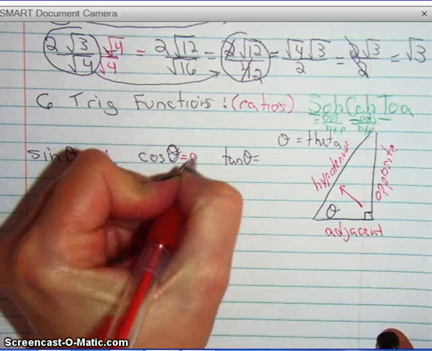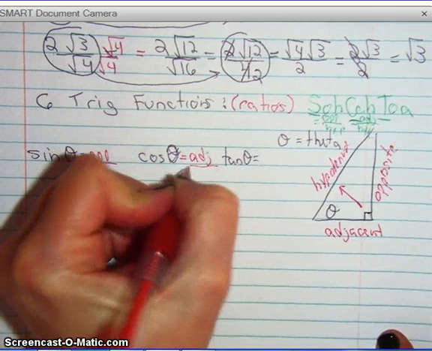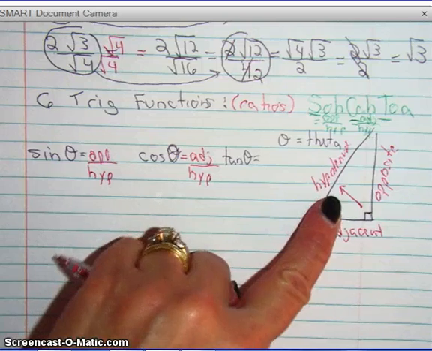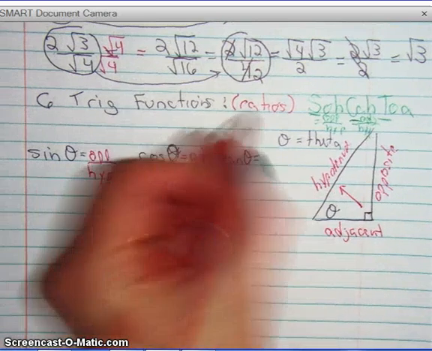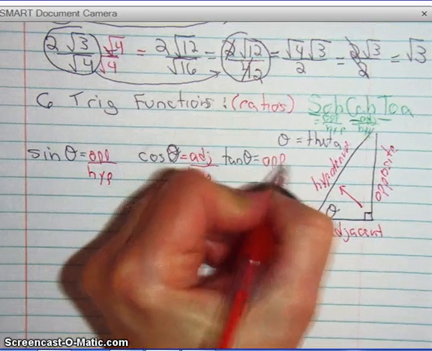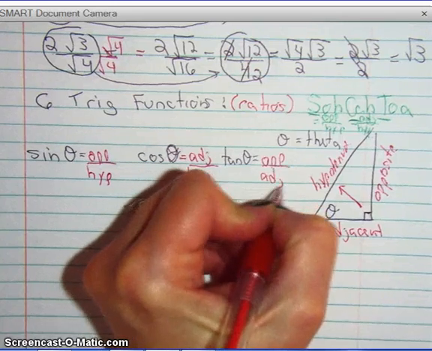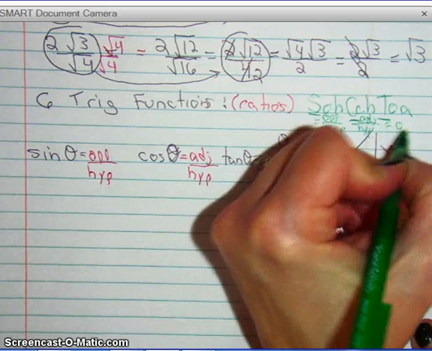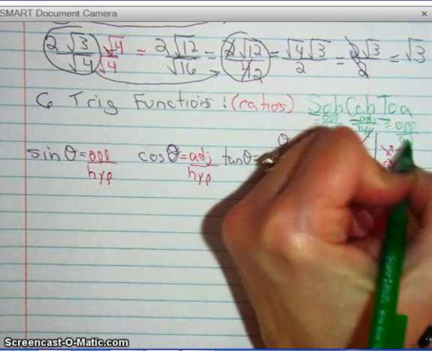So adjacent over hypotenuse. And then tangent of theta. Max, what do you think tangent of theta stands for? Opposite over adjacent. Very good. Now, is this familiar to you? Coming back now? Tangent is opposite over adjacent.